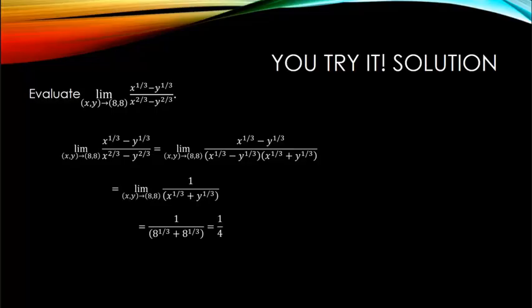This is how we can take limits of functions that exist at boundary points by looking for opportunities to simplify the limit we're working from in the first place. Be sure and let me know if you have any questions about taking limits of functions of two variables at points that exist on the boundaries.